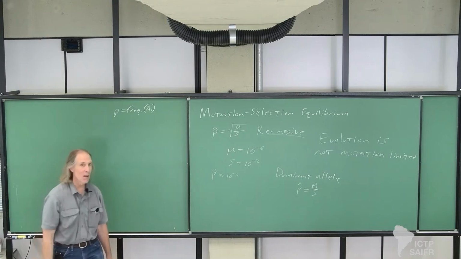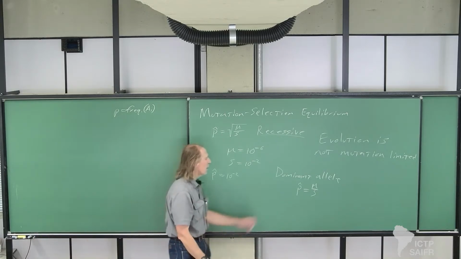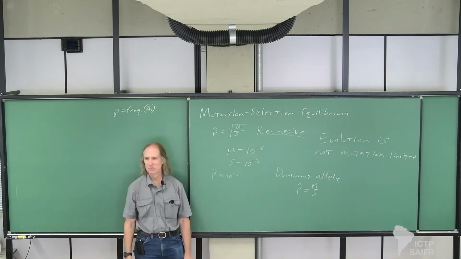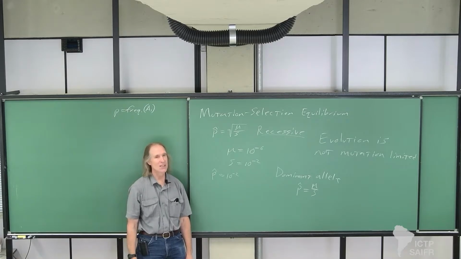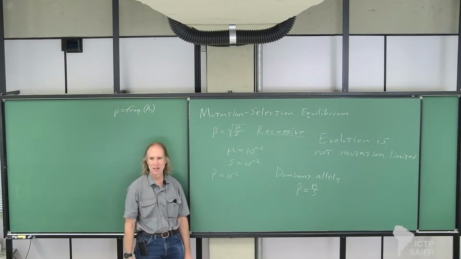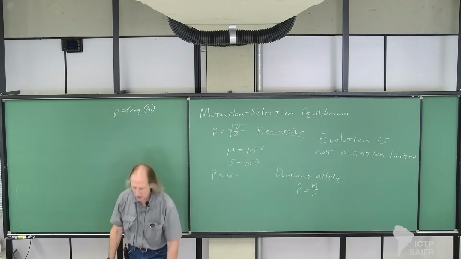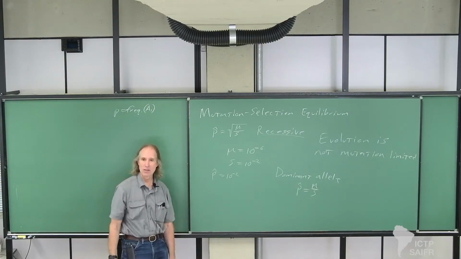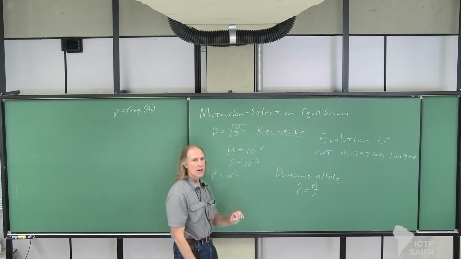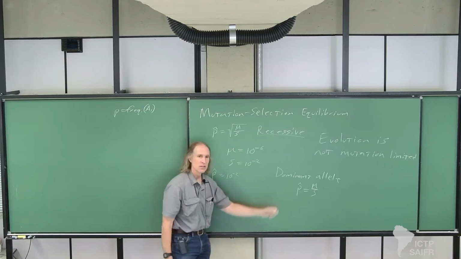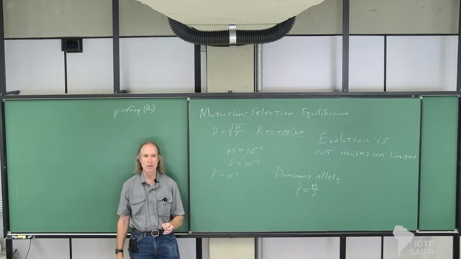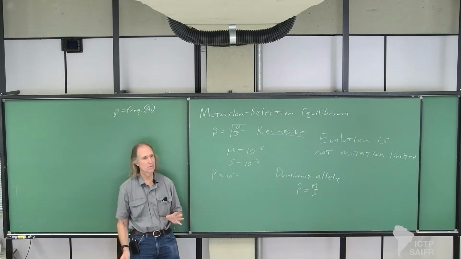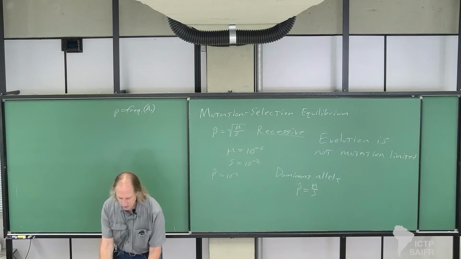You can see that makes a big difference because we're dealing with a number that's fairly small, much less than 1. Take the square root of it, and you increase it by quite a lot. This is consistent with what we see in natural populations. Deleterious dominant alleles are out there, but they're far, far fewer than deleterious recessive alleles. Most of the variation is recessive.